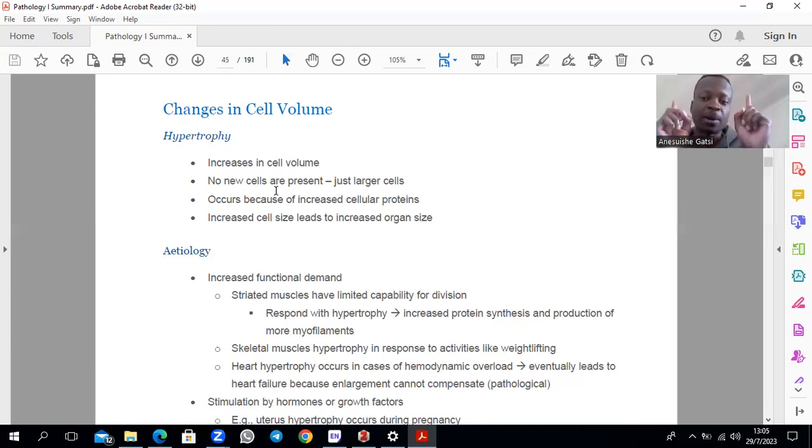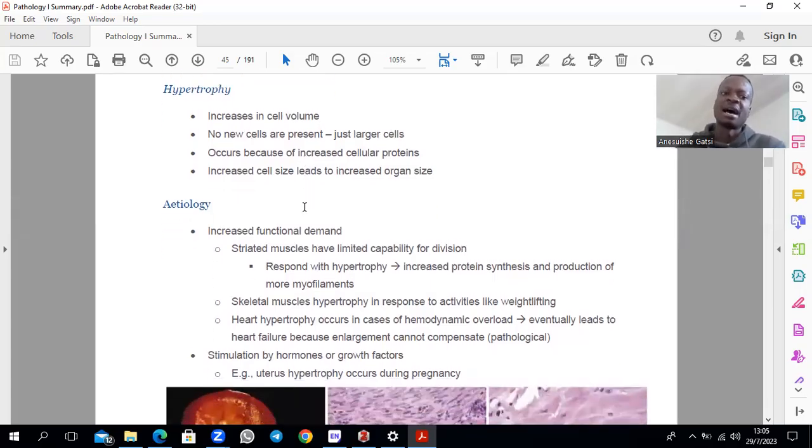So when you think about the cardiomyopathies or whatever, there's going to be hypertrophy of the cells per se, not hyperplasia, right? Keep that in the back of your mind. So that's hypertrophy. There's just an increase in cell size, right?